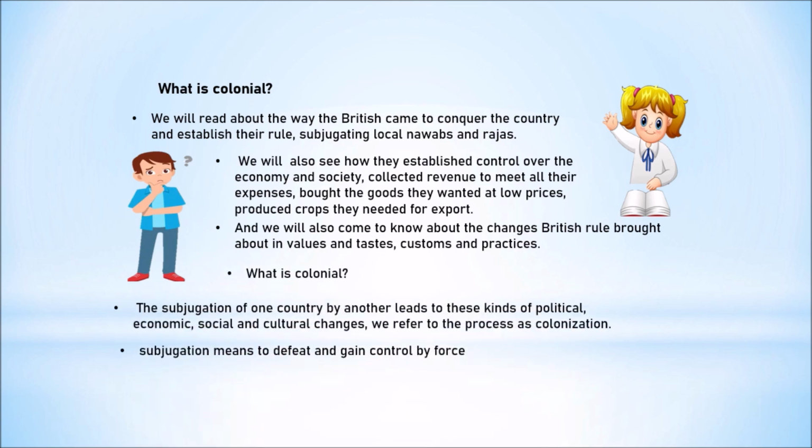So what is colonial now? The subjugation of one country by another leads to this kind of political, economic, social and cultural changes. This is referred to as the process of colonialization or colonial system.